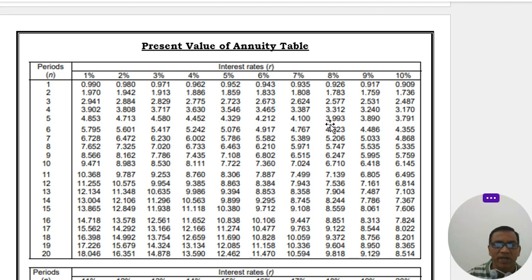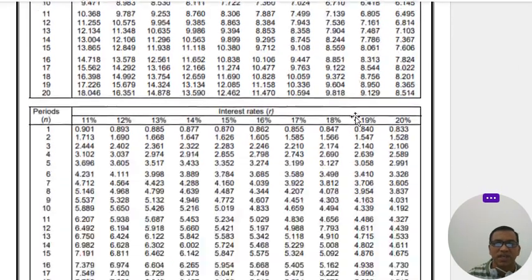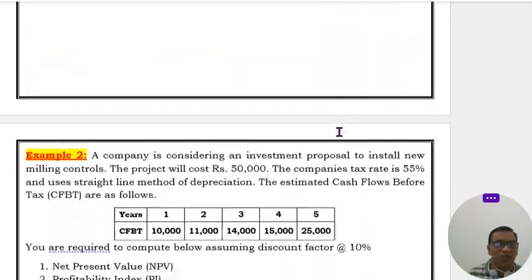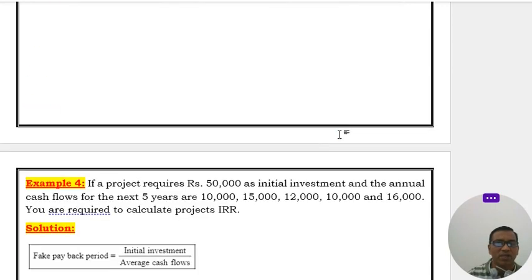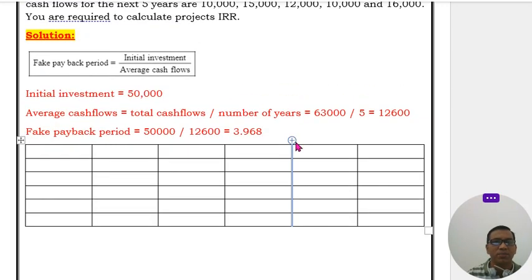Nearest to 3.968 is 3.993. Let us mark this one. This value is under which column? The 8% column. That means let us assume the rate of return, the discount factor, as 8%.